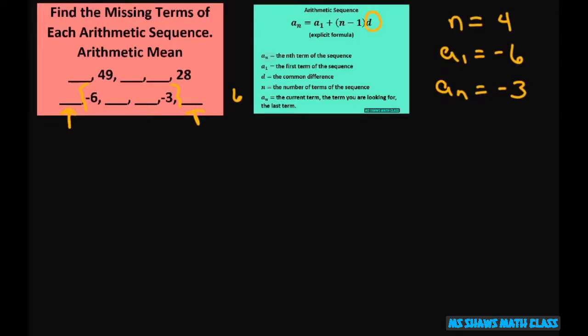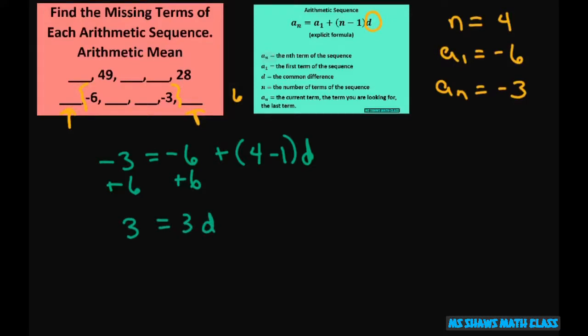So we have negative 3 equals negative 6 plus 4 minus 1 times D. Add 6 to both sides. You get 3 equals 3D. So D equals 1.